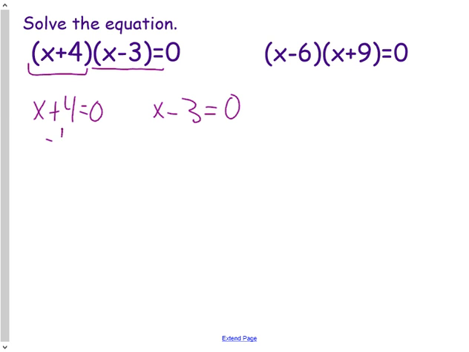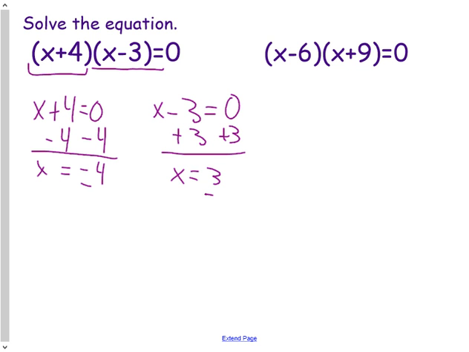It's okay to notice the pattern. We have 1x plus or minus a number. On the left, I subtracted 4 from both sides, x is minus 4. On the right, I'm going to add 3 to both sides, and I get x equals 3. So x equals minus 4 or 3, and I like to put those together so my answer is not as spread out: x equals minus 4, comma, 3.